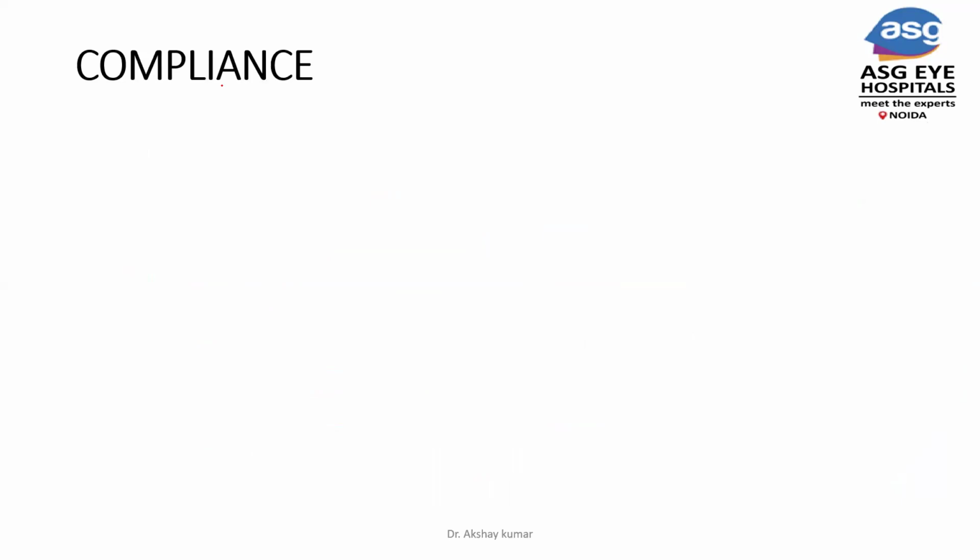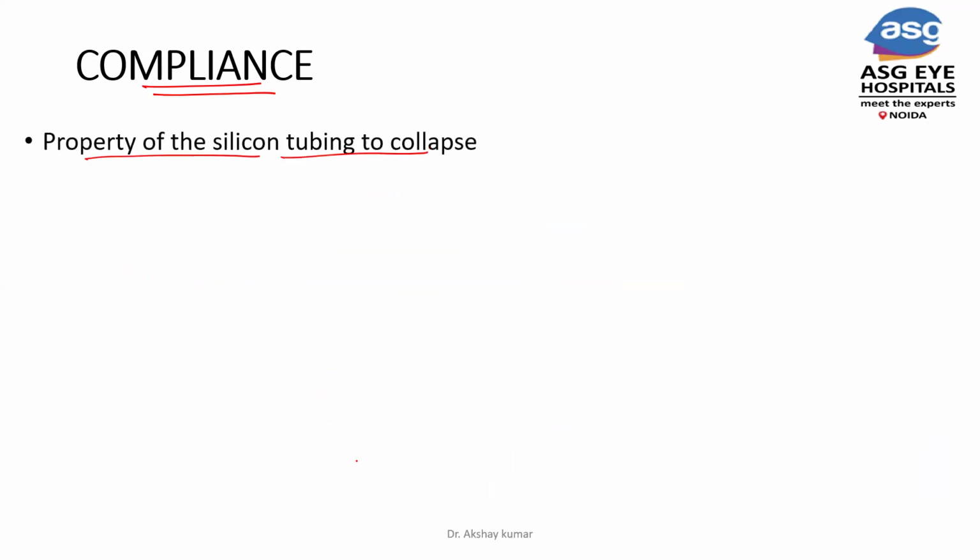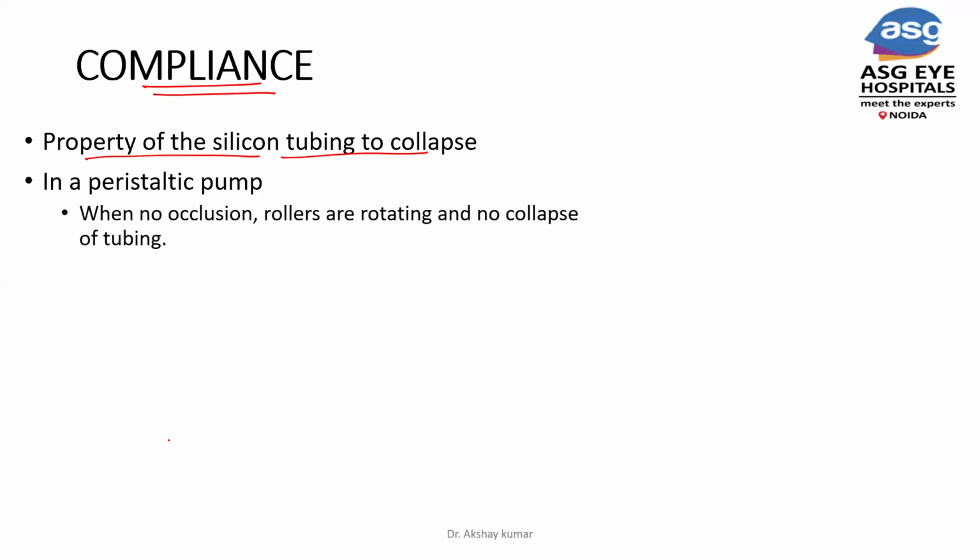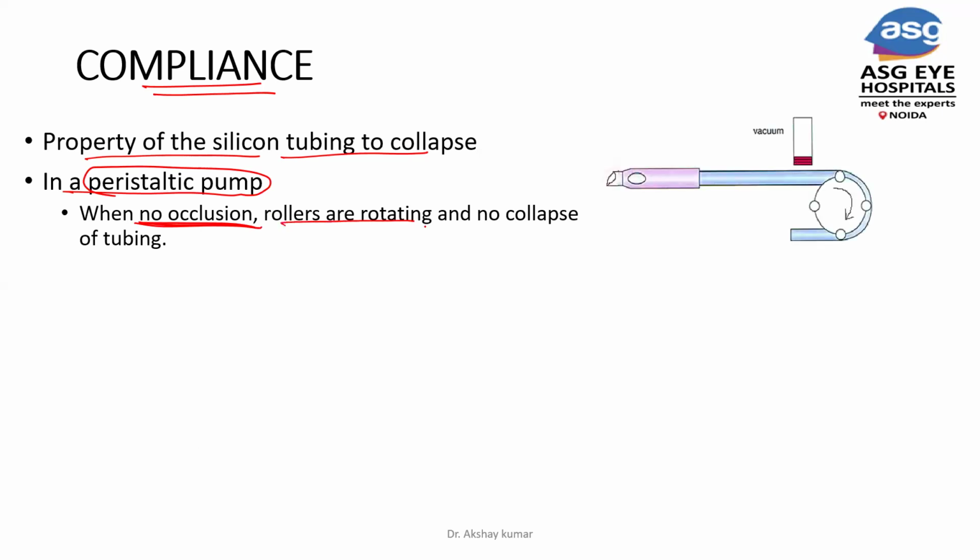One more term is compliance, which is very important to know because it is the basis of the development of the phaco tubings and prevention of the surge. It is the property of the silicone tubing to collapse. In a peristaltic pump, whenever there is no occlusion, the rollers keep on rotating and there is no collapse of tubing.